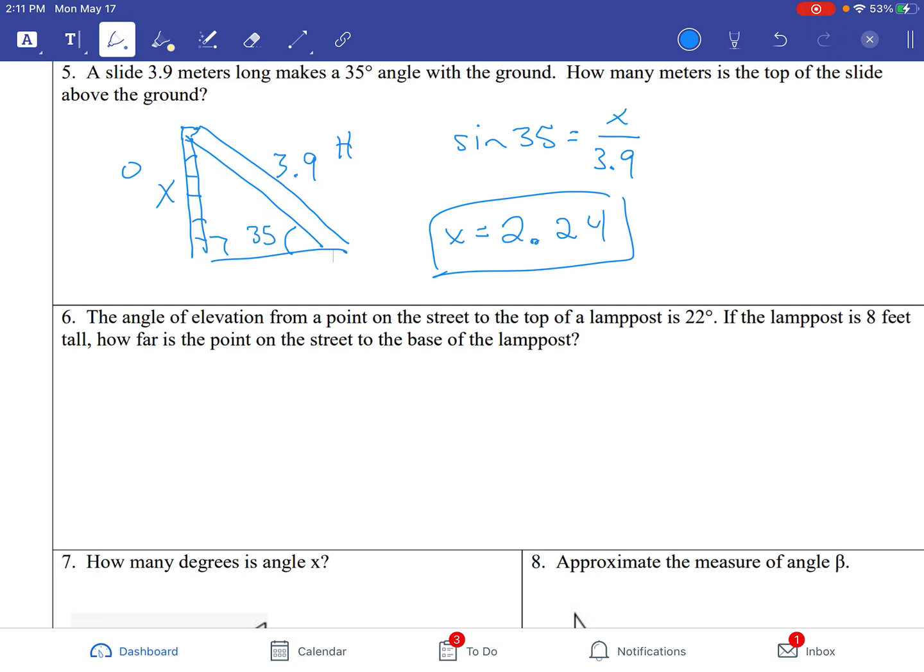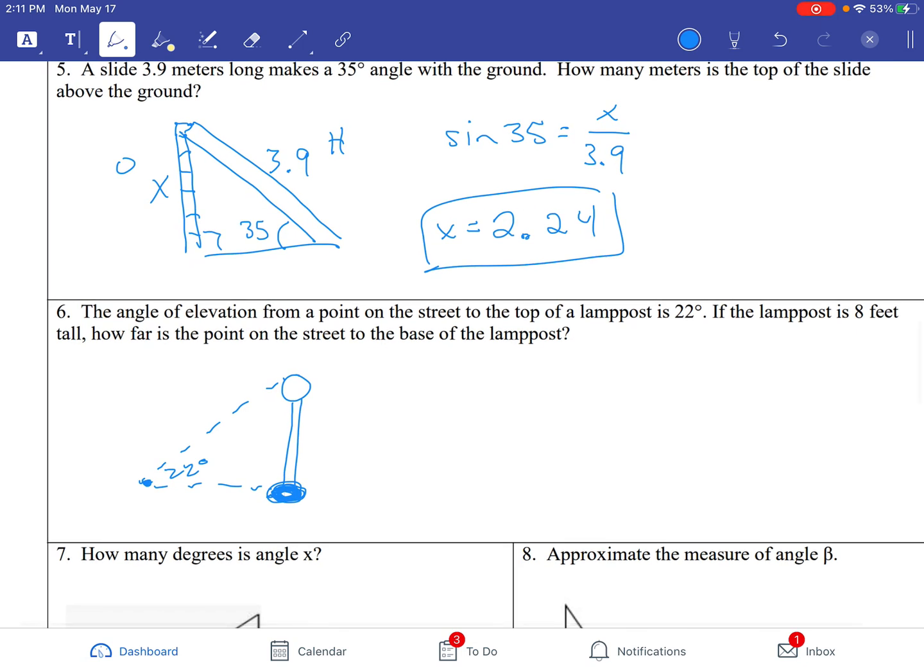Angle of elevation from a point on the street to the top of a lamppost. So here's a point on the street. Here's our lamppost. Angle of elevation is 22 degrees. The lamppost is 8 feet tall.